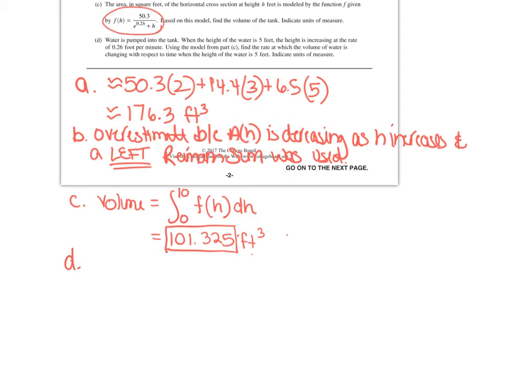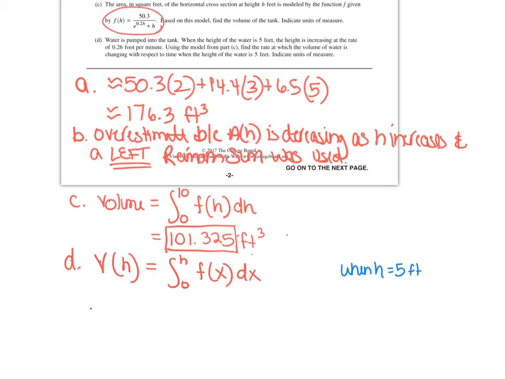Indicate units of measure. Okay, so we know that our volume with respect to h is going to equal the integral from 0 to h of f of x dx. Okay, so off to the side, if you want, you can write what your goal is and what you know. So it tells us that when the height of the water is 5, so when h is 5, the height is increasing at the rate of 0.26 feet per minute.